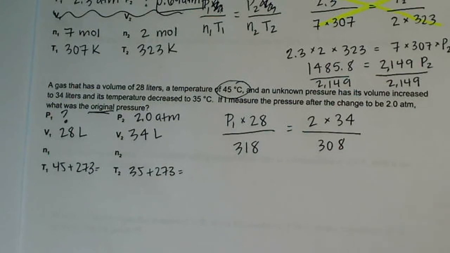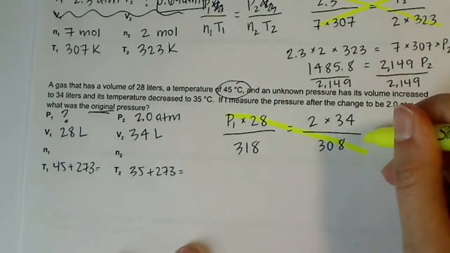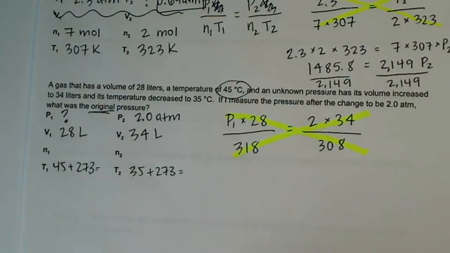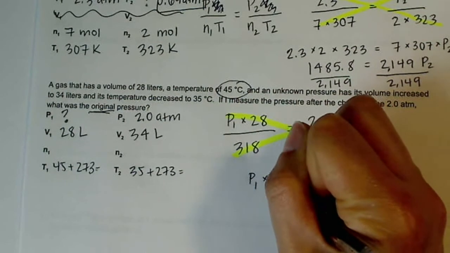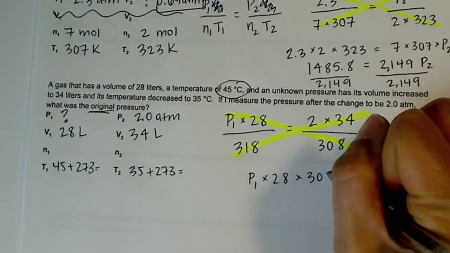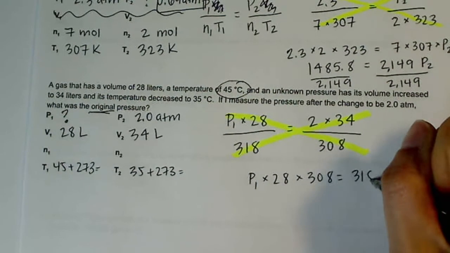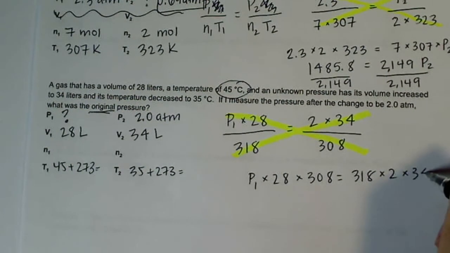So again, I want you guys to cross multiply and divide. In your calculator, you're going to do P1 times 28 times 308 is equal to 318 times 2 times 34. And I want you guys to solve for P1. Okay, thank you.